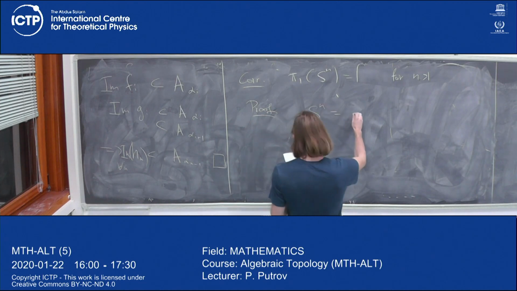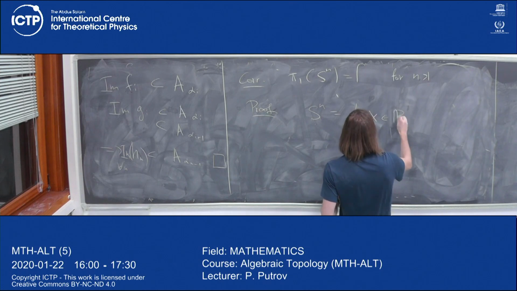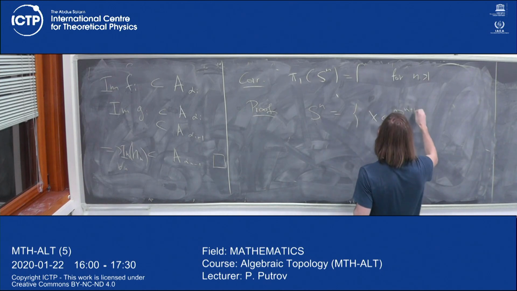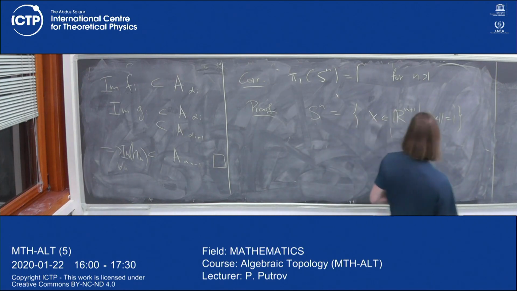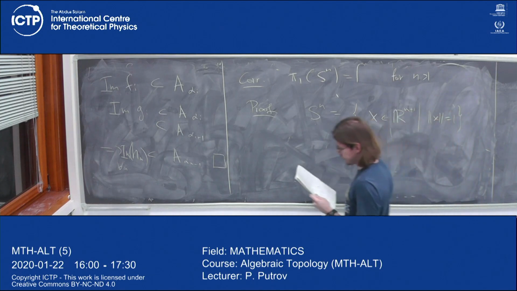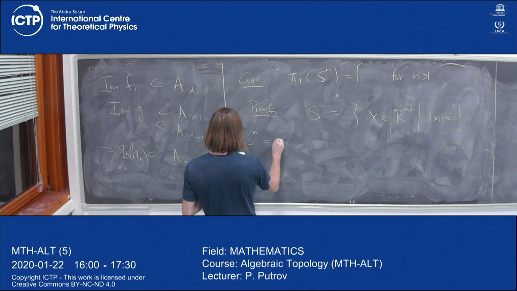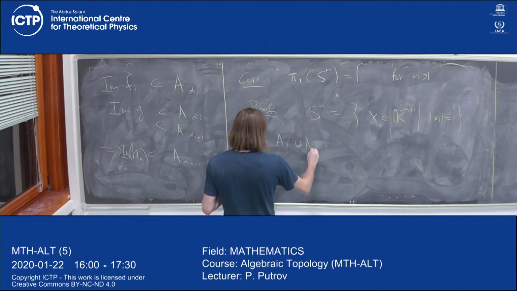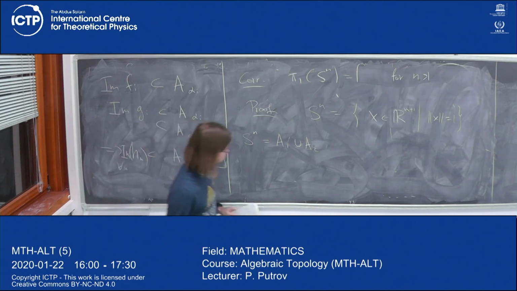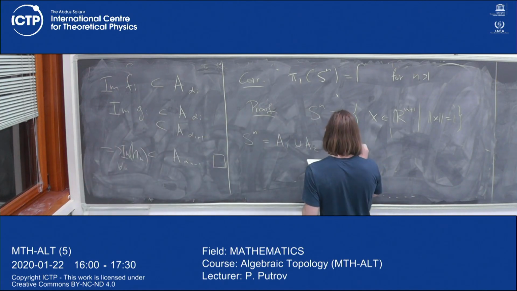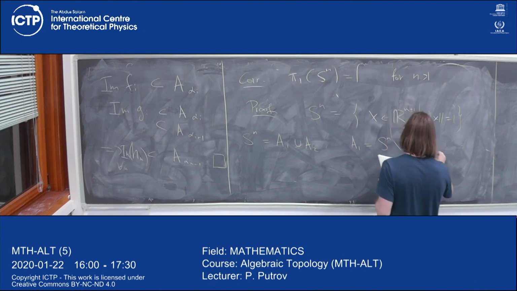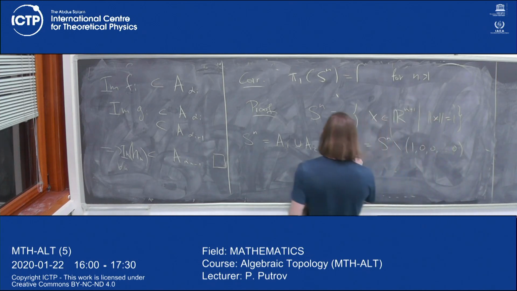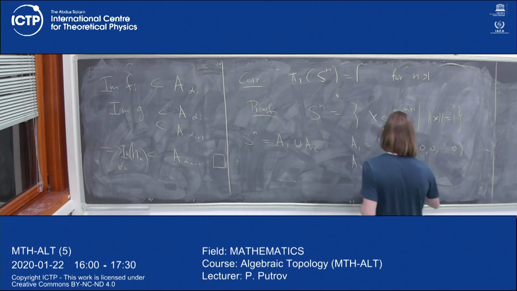So if you realize, as usual, the n-dimensional sphere as a subspace in n+1 dimensional Euclidean space, given by this condition, then we can always cover it by just two open sets, such that in A1 we remove the north pole, and in A2 we remove the south pole.